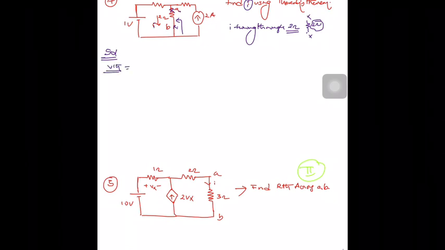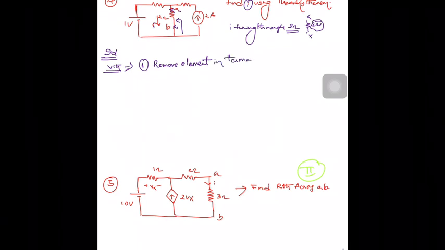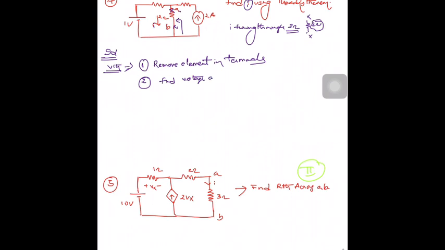First, finding VTH. The steps to find VTH: step 1, remove the element in the terminals. Step 2, find the voltage available across the terminals.